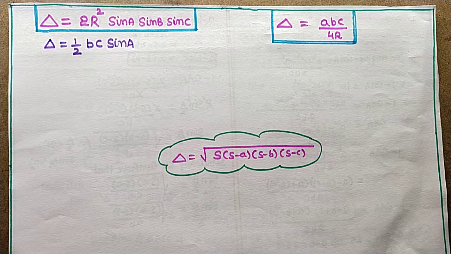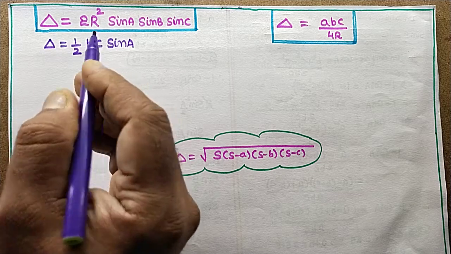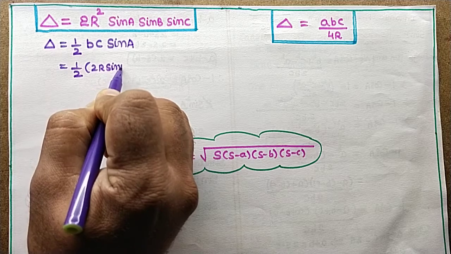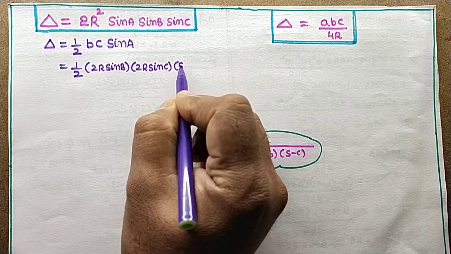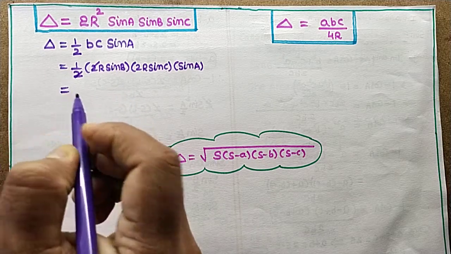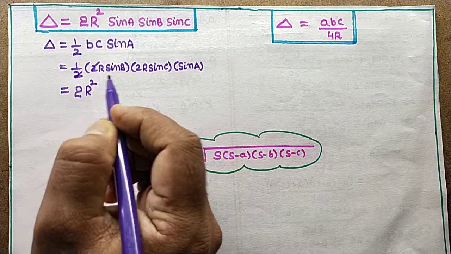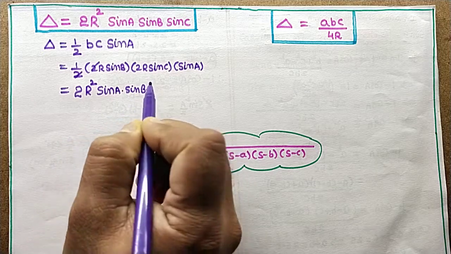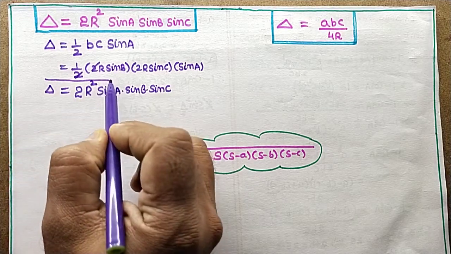From the sine rule, small b can be written as 2R sin B, and small c can be written as 2R sin C. So half into 2R sin B into 2R sin C into sin A. Here one of the two will be cancelled, which is equal to 2 into R square into the remaining terms sin A sin B sin C. So this is also one of the formulas for area of triangle, where R is the circumradius.